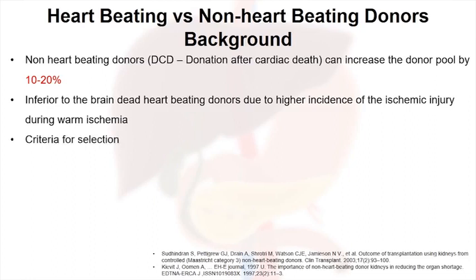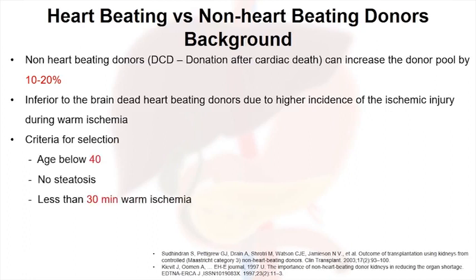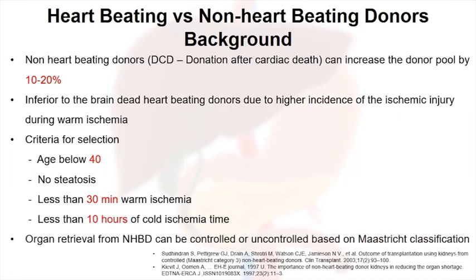Now, if the donor is young, there is absence of steatosis, a short warm ischemia time and reasonable cold ischemia time, then the organ can be preserved in good condition and can give very good results.